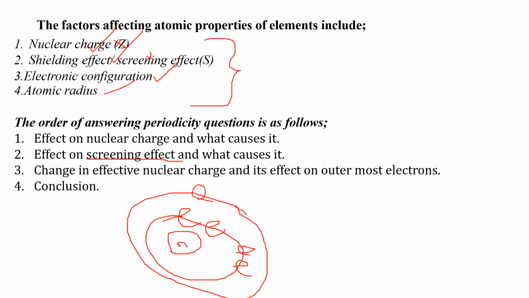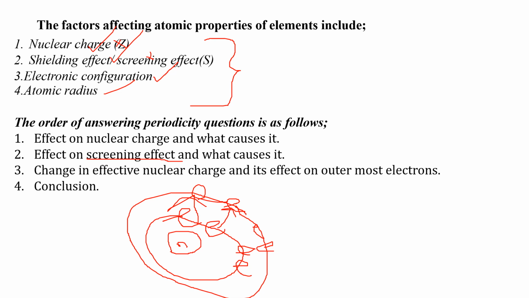So we also have electrons here, electrons here, electrons here, electrons here. So what we mean by screening effect is the repulsion caused by these electrons in this inner sub-energy level onto the electrons on the outermost sub-energy level. So the force that comes from the electrons in this inner sub-energy level onto the outermost sub-energy level is what we call the screening effect.